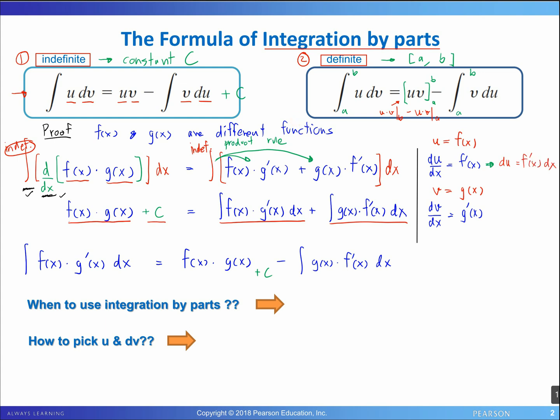And down here, same thing. Move dx to the right-hand side, I have dv equal to g prime of x dx. Now that we know that u is equal to f of x and v is equal to g of x, let's put them in the equation.